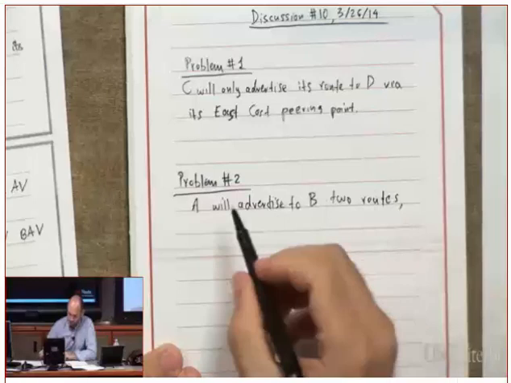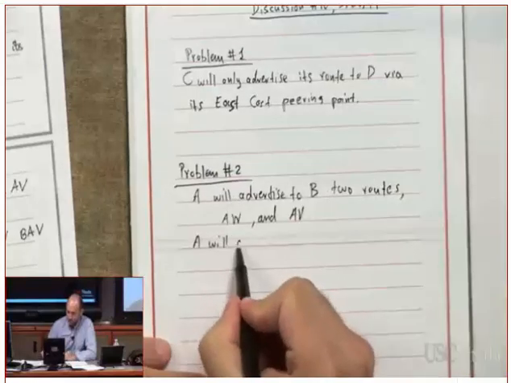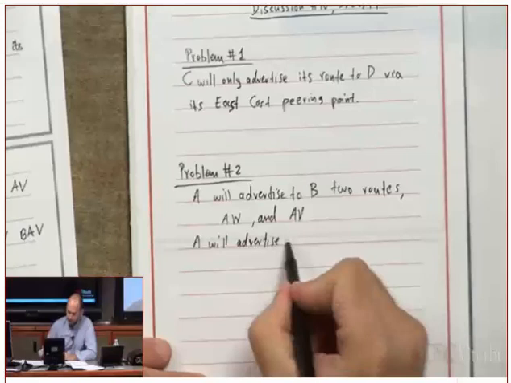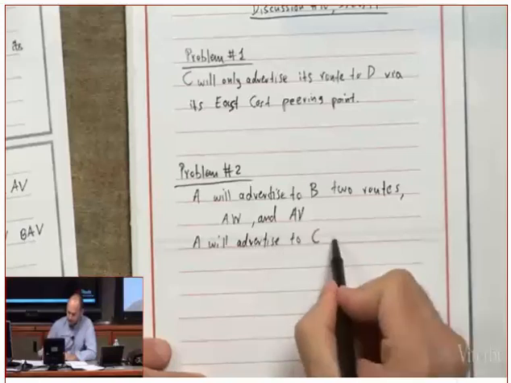Which routes? The logic is whenever an autonomous system gets a message, a BGP router adds its ID to the path, right? So in this case, what is going to happen? We have at B, what kind of paths? AV and AW, right? And also at C, a path AV through A. So we have two routes. One is BA, this is at C, right?